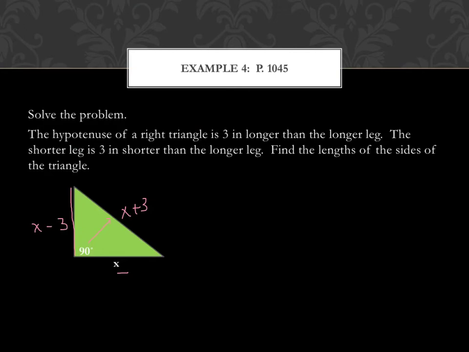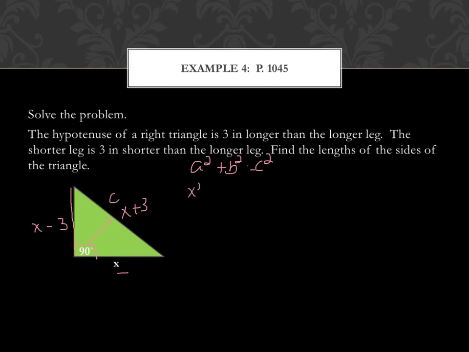Alright, so when we have a right triangle and we know the sides, we're going to use the formula a squared plus b squared equals c squared. It doesn't matter which one's a and b, c is always the longest side, the hypotenuse.